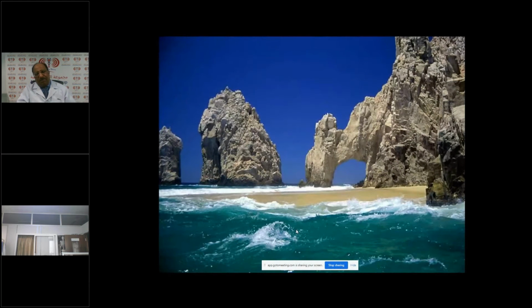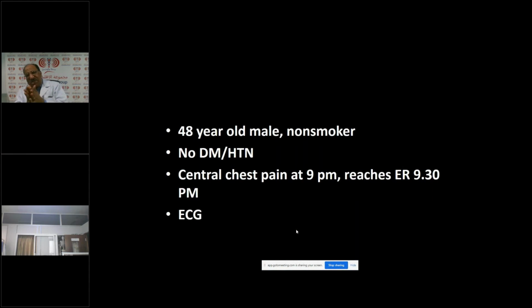Now I will just share with you a small clinical vignette which highlights the importance of overall evaluation of chest pain and the importance of correlating various findings in ECG and troponin before coming to a diagnosis and dismissing a case of chest pain as non-cardiac.